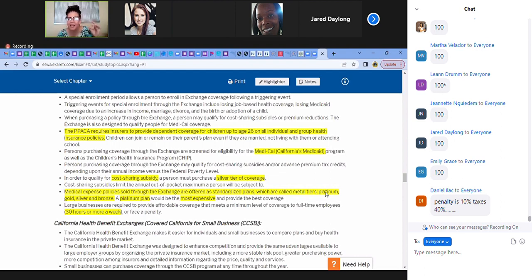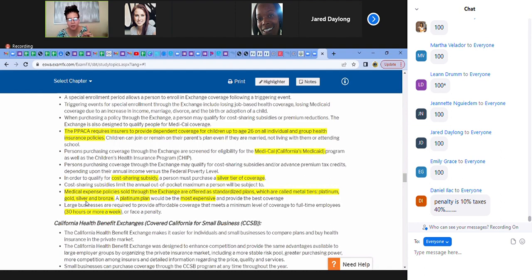So platinum, 90-10, most expensive, no deductible. Gold plan, coinsurance, 80-20. Insurance company pays 80%, patient pays 20%, no deductible.